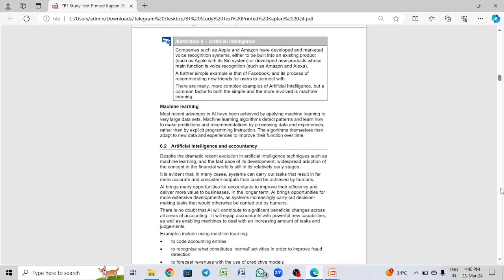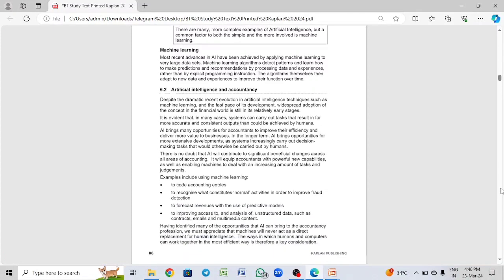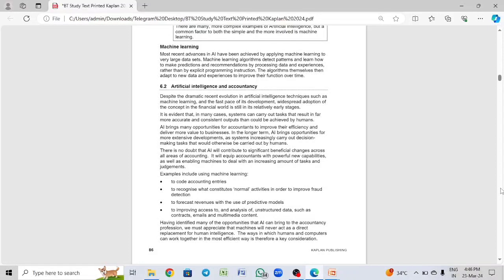Now artificial intelligence is also used in accountancy. How is it used in accountancy? Artificial intelligence is used, for example, to provide automatic reports, or to provide recommendations for decisions, right?